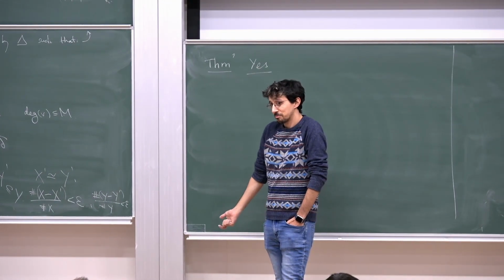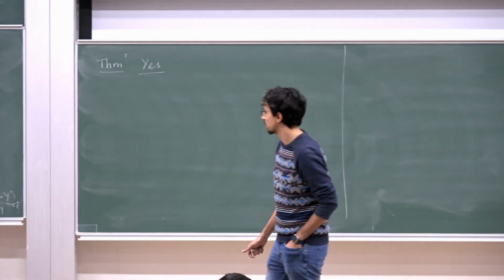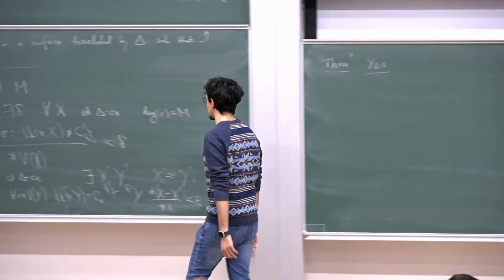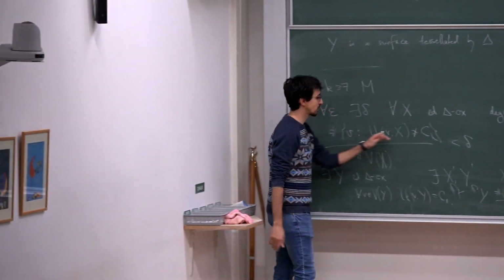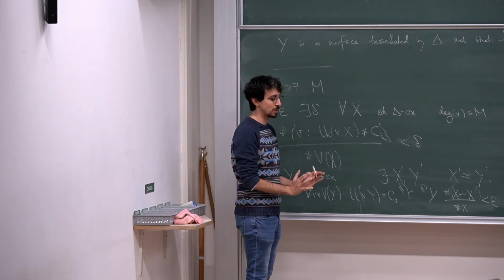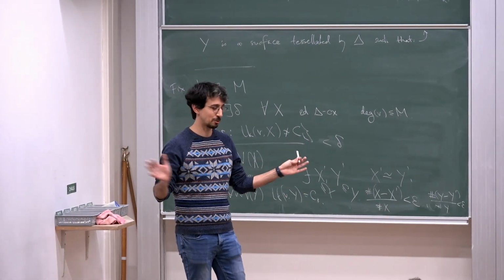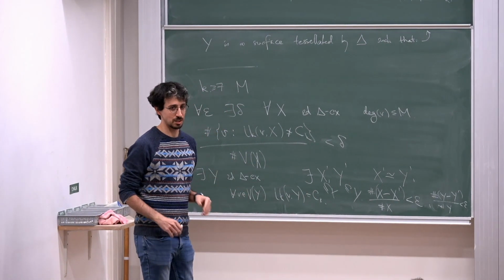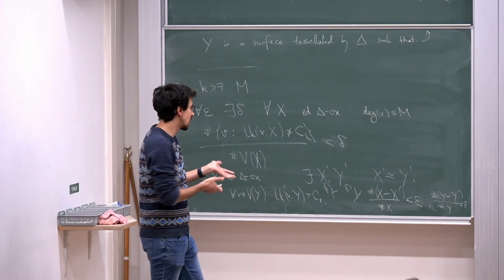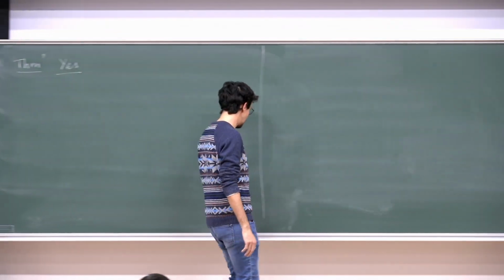What Alon is asking is that if instead you ask them to be cycles, but of different sizes, it's still not clear. But here we don't really care about it. The other links could be whatever.